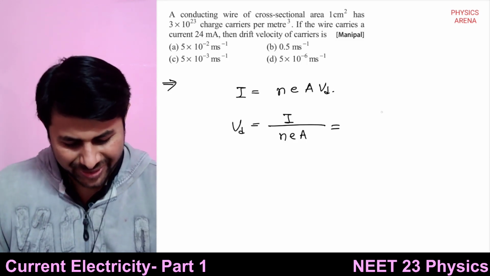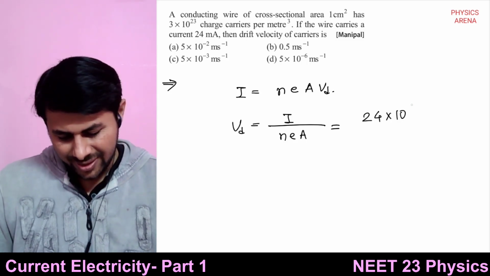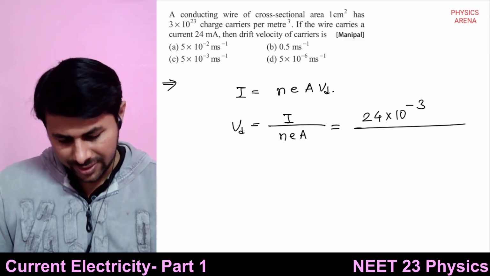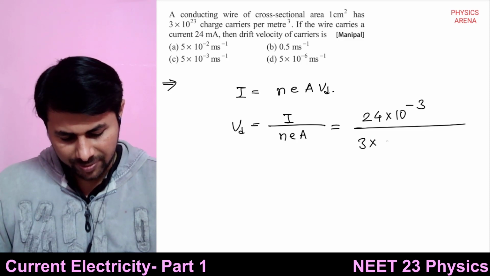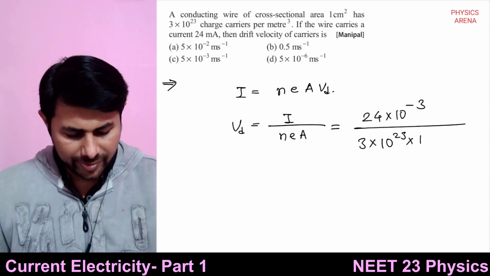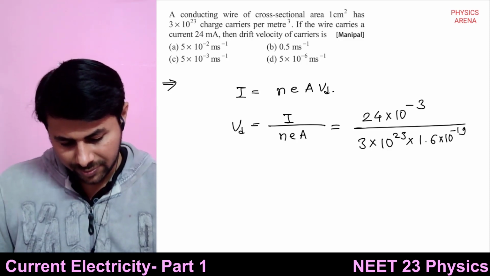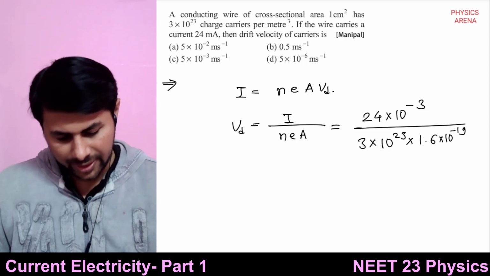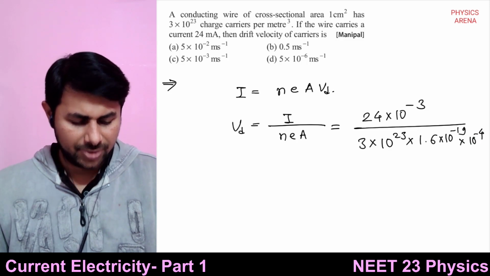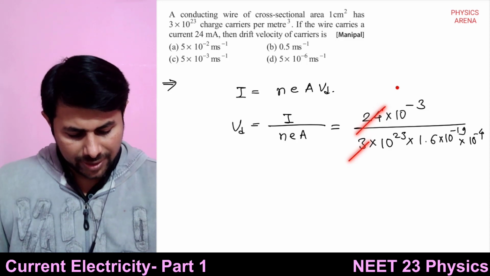Then there is just calculation. There are a lot of calculations in this problem. Current is 24 milliamperes, 24 multiplied by 10 raised to minus 3. N is 3 times 10 raised to 23 multiplied by the charge on electron, 1.6 into 10 raised to minus 19. Area is 1 centimeter square, which is 10 raised to minus 4 meter square, right? 24 divided by 3 is 8.